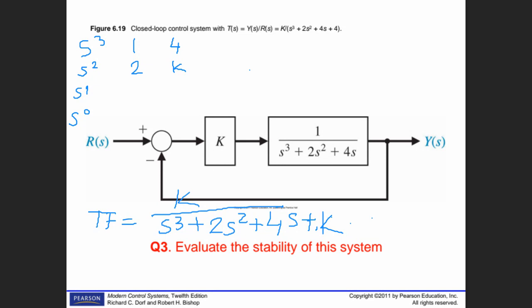Now, 2 times 4 is 8. 8 minus k divided by 2. That one here, however, 0.